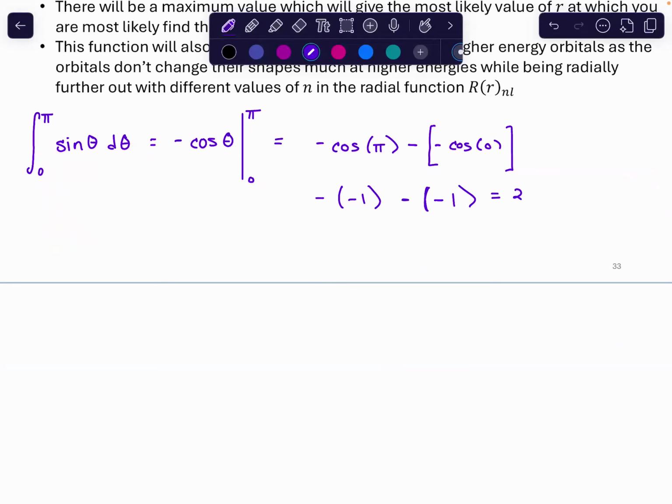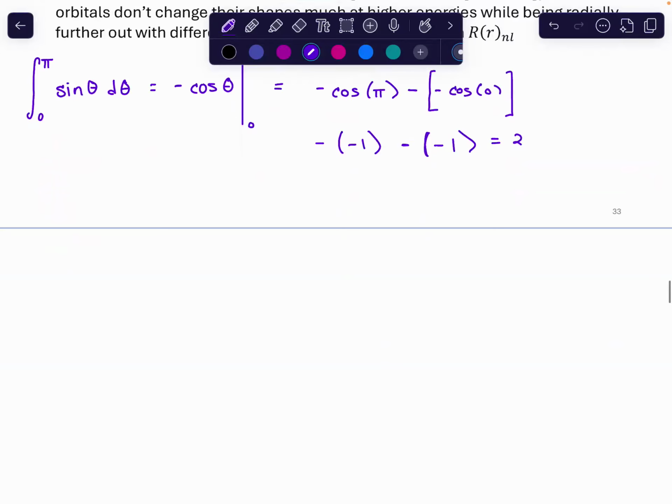And so now I'm able to pull that out, and I'll show you what I have left. Now my radial distribution function is, I've already pulled out the r's. So now I have 2 r squared, and I have my 0 to 2 pi integral over d phi.